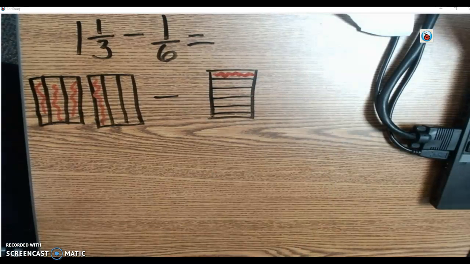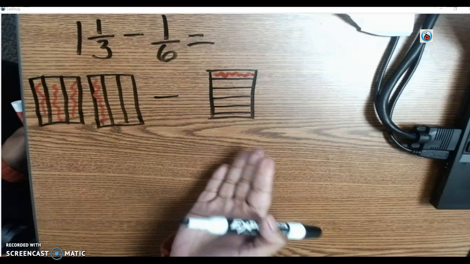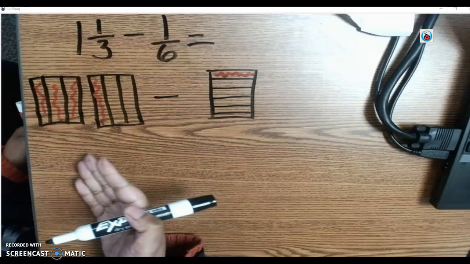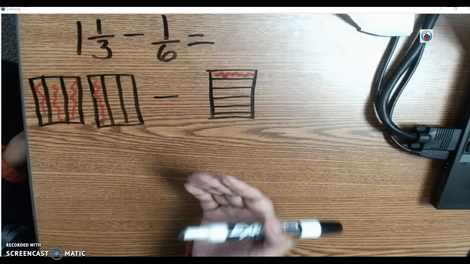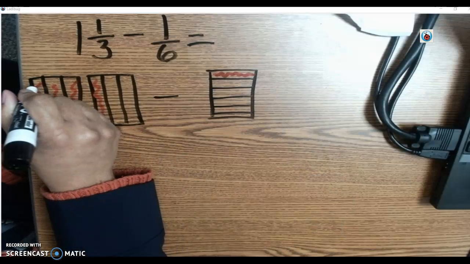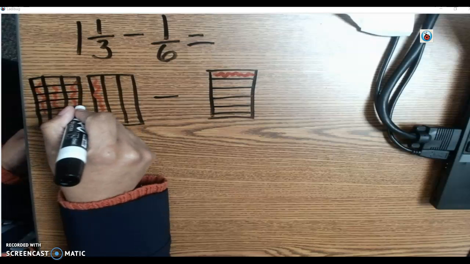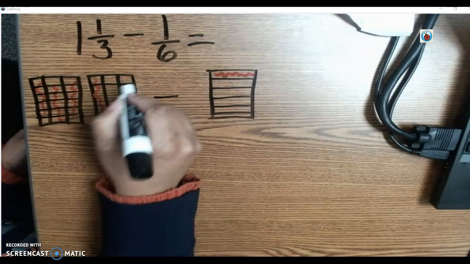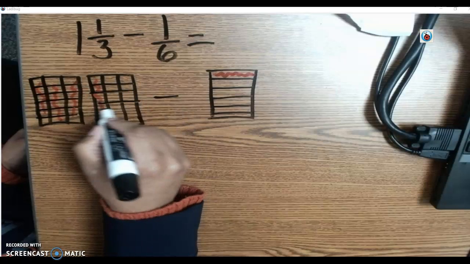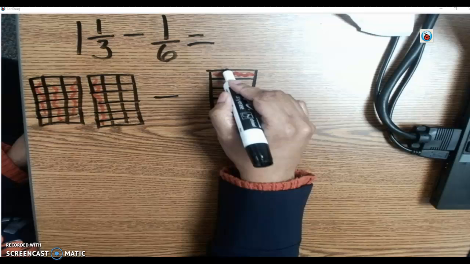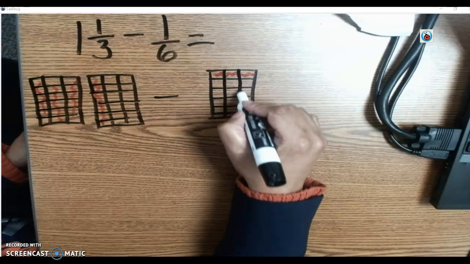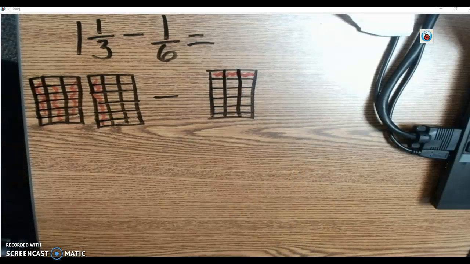And remember, when we are solving, we need to make all of the rectangular models look the same. So we're going to draw our lines going across over here, and we'll draw our lines going top to bottom over here.